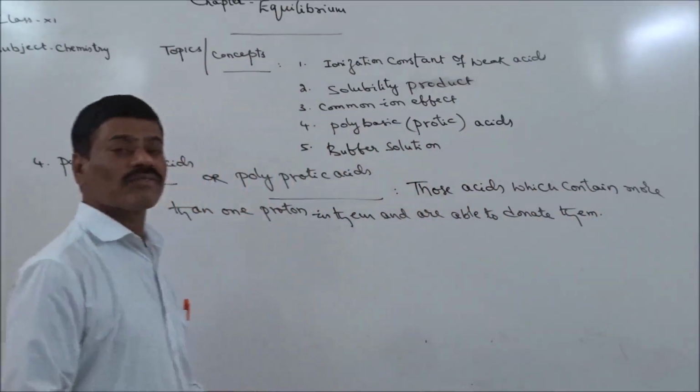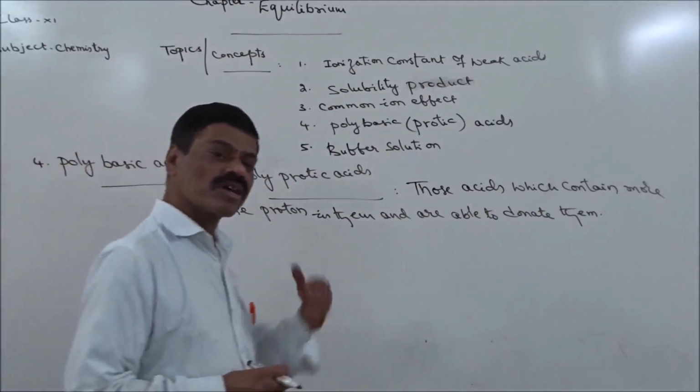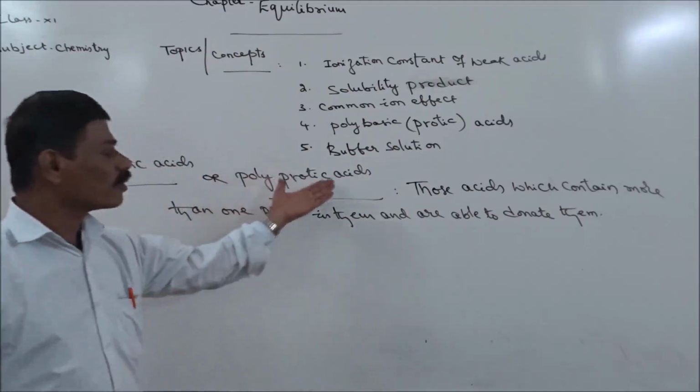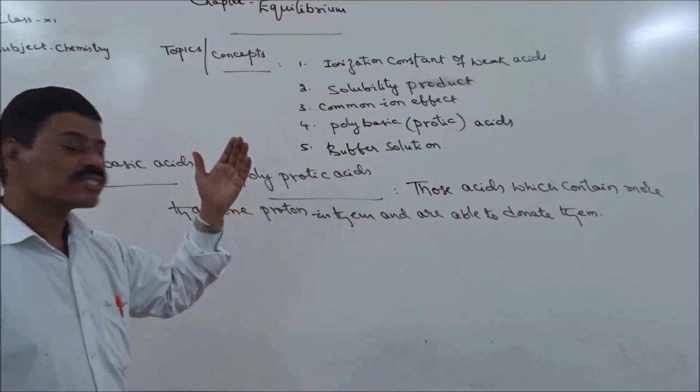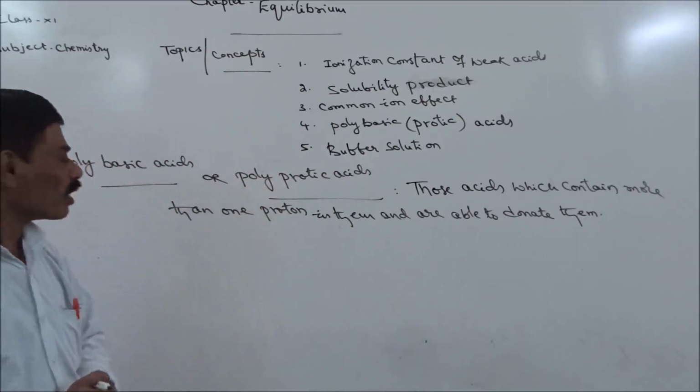Right? According to one of the theories, acid is a substance which acts as proton donor. So here polyprotic acid means it has to donate more than one proton. That is the meaning. Okay.